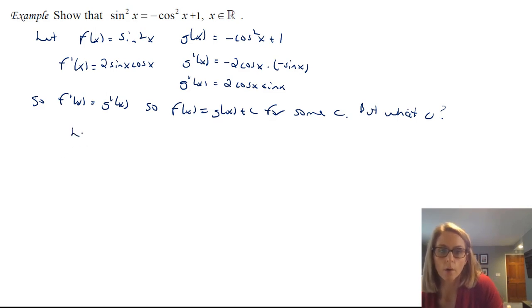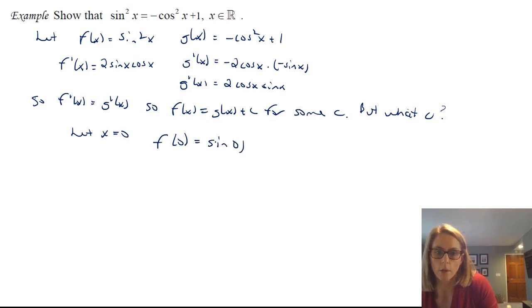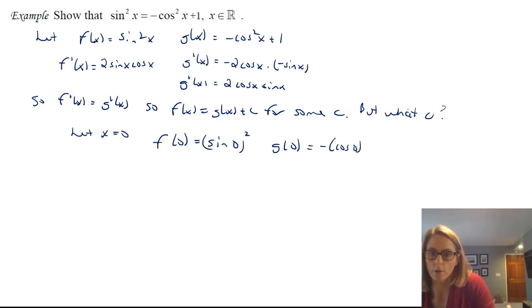So let's let x equal 0. It's true for all values, so we'll put x equals 0. So f of 0 equals sine of 0 squared, and g of 0 equals negative cosine of 0 squared plus 1.